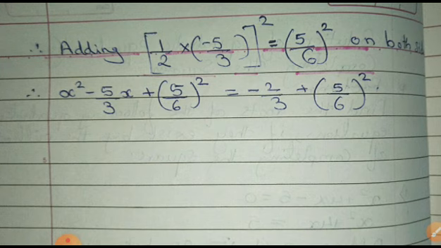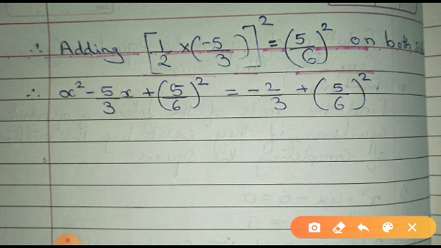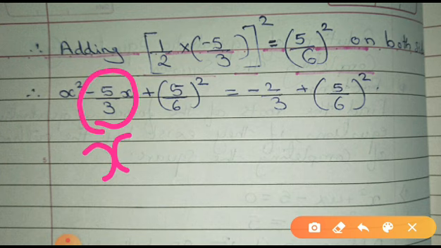So I'll be getting x square minus 5 by 3x plus 5 by 6 the whole square equal to minus 2 by 3 plus 5 by 6 the whole square. So what will be my left hand side now? It will be simply x. Now since here it is minus 5 by 3x, I have to write minus 5 by 6.